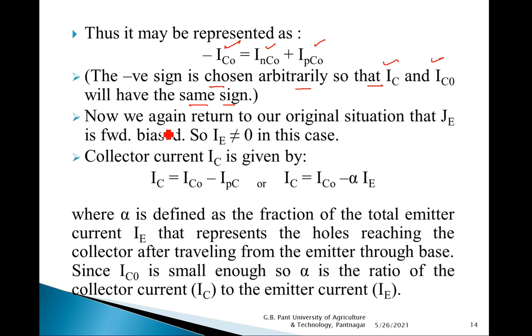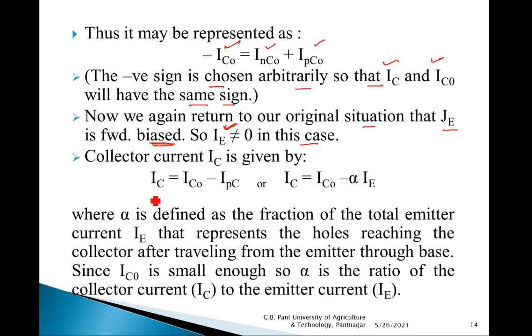Now we once again return back to the original situation where JE, the emitter junction, is in forward bias condition, and under that condition your emitter current IE will not be equal to 0.